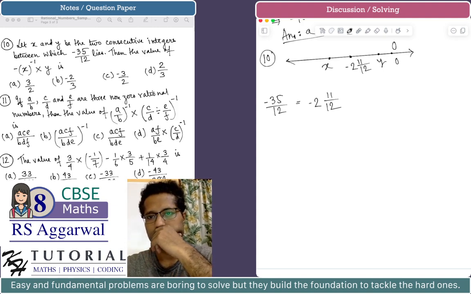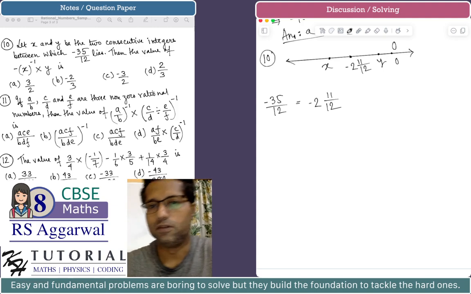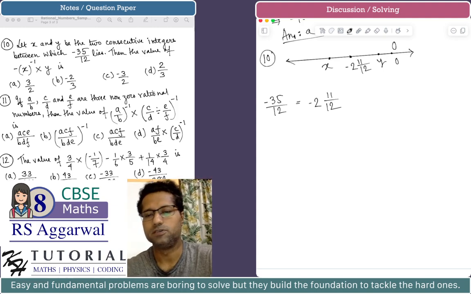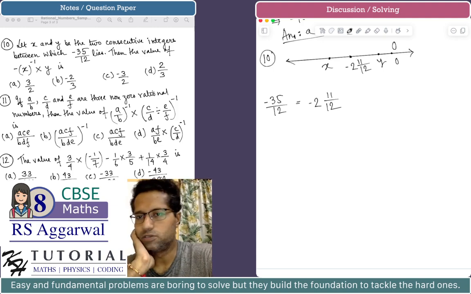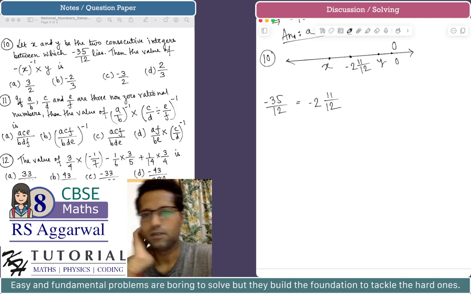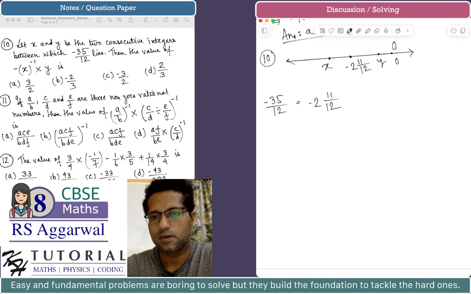Now this means that x will be the immediately preceding integer of the rational number minus 2 and 11 by 12. Its immediately preceding, not succeeding, integer is x. So x has to be minus 2 minus 1, which is equal to minus 3.